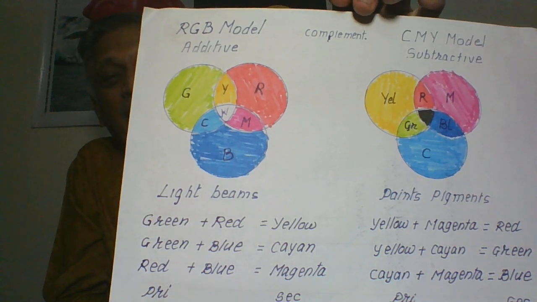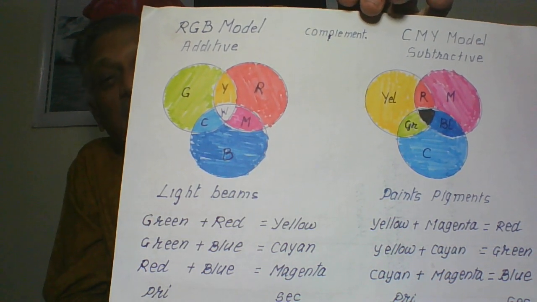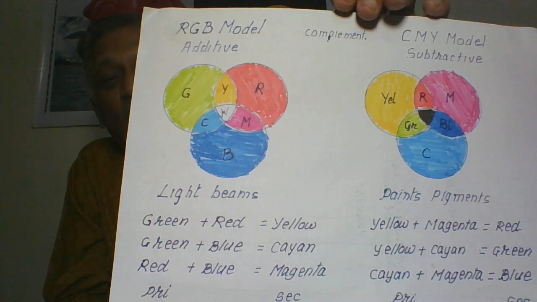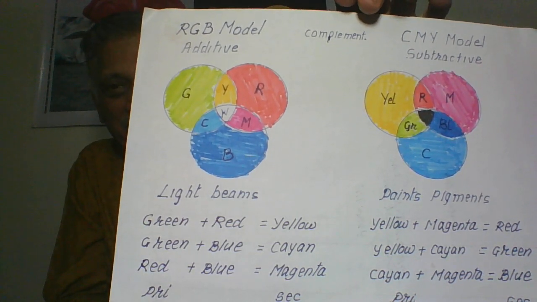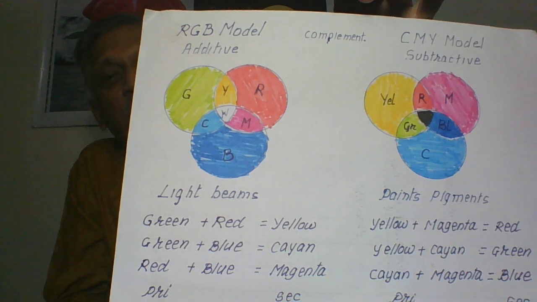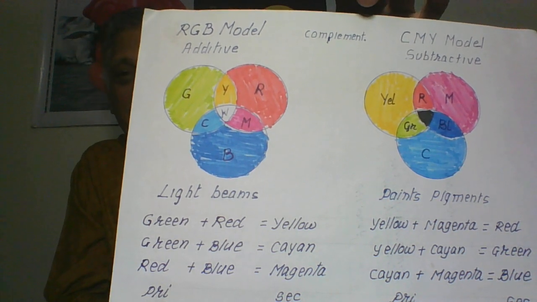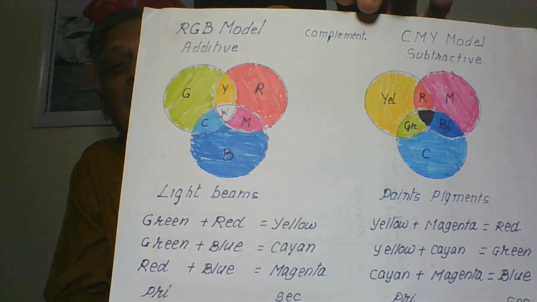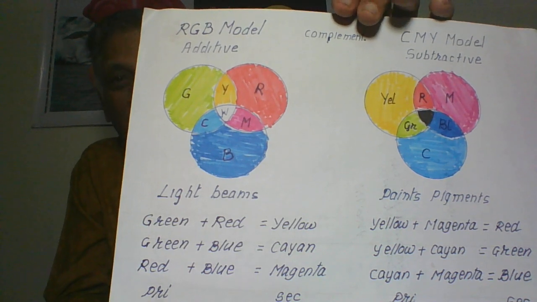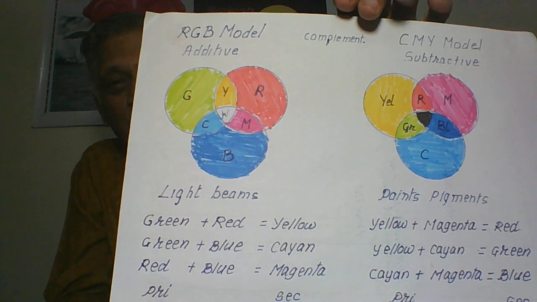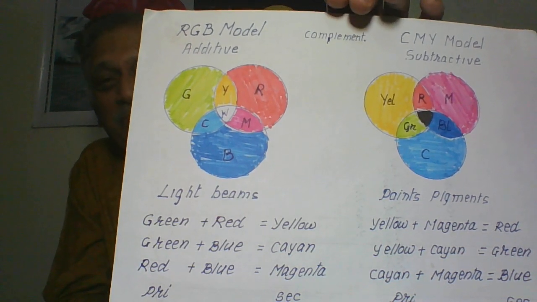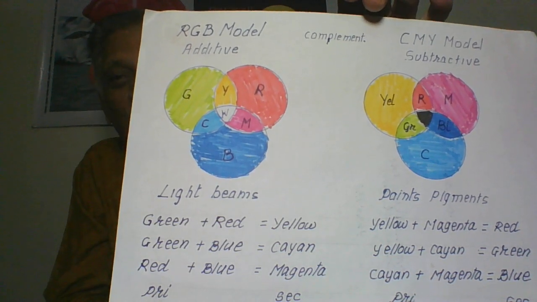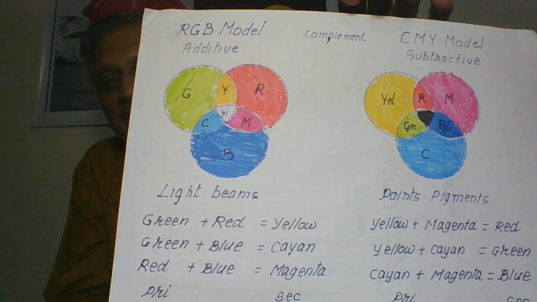Now if I have yellow and magenta painted on top of each other, let us say partly, as you can see in the diagram, then for both of them red is common, that will remain unabsorbed, while magenta will absorb the green in yellow and yellow will absorb the blue in magenta, but both of them will keep on transmitting red.